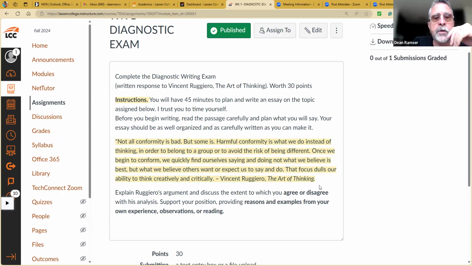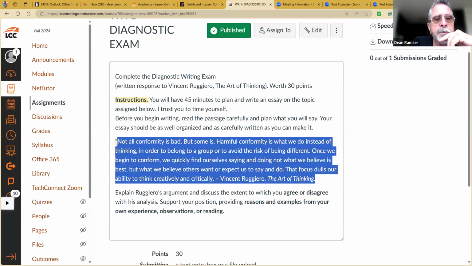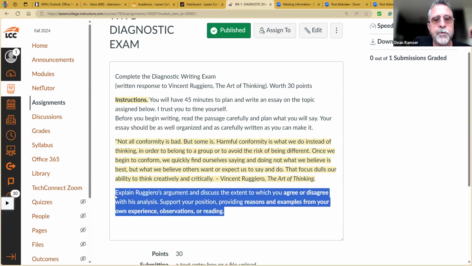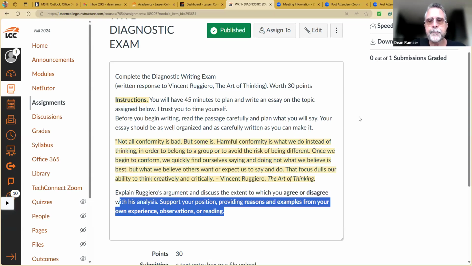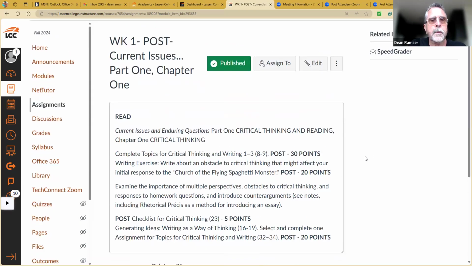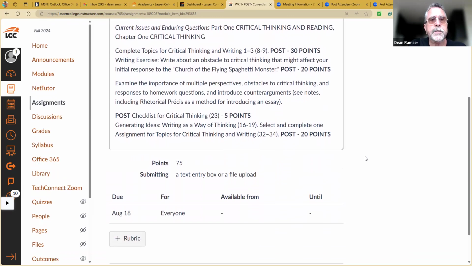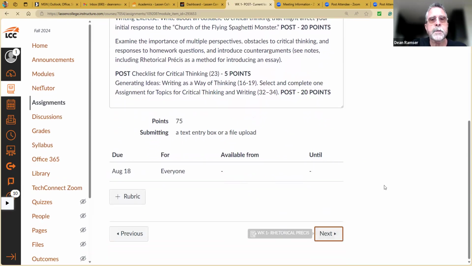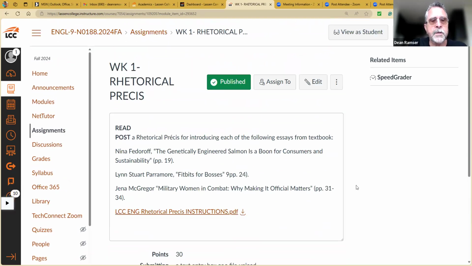I want to get a sense of how you write, how you process information. So these are the words that are being used in the prompt, and these are the directions for this prompt. That seems to make sense. Again, if something doesn't make sense, let me know.